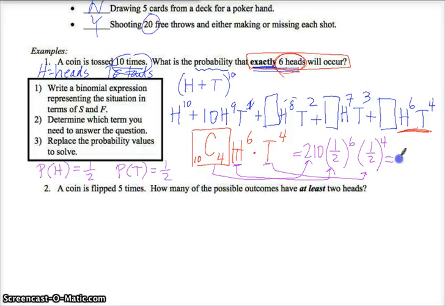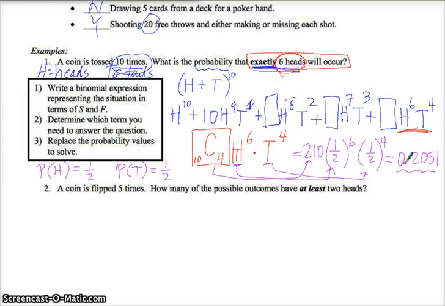And I get approximately 0.2051. So what is the probability of exactly 6 heads? It's about a 20% chance every time I toss it 10 times. That's what that means. 0.2051, so about a 20% chance.